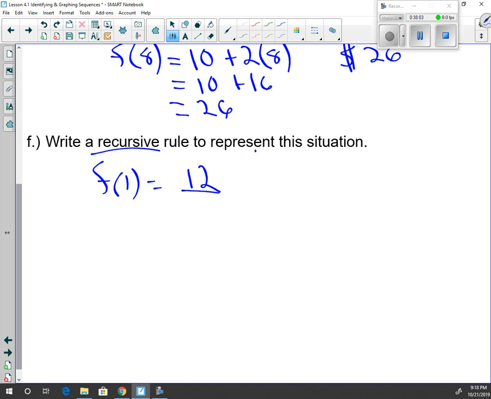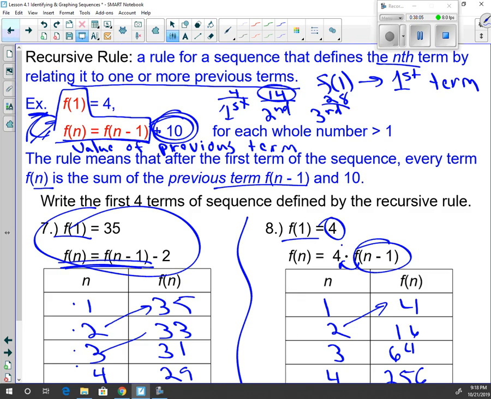Okay? Then, let's go back. What other form stuff do we need? We need f of n is equal to f of n minus 1. That means the value of any term is equal to the previous term, and then we add or subtract or multiply that previous term.